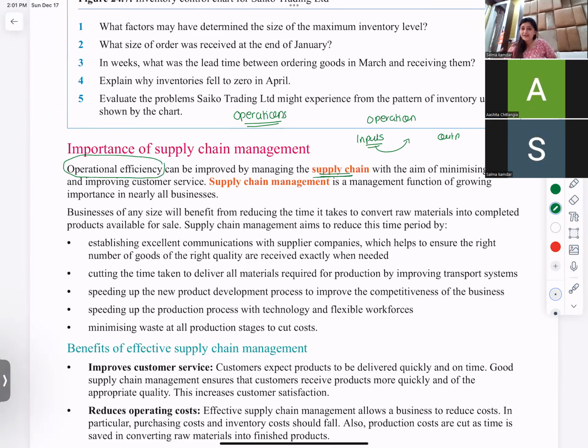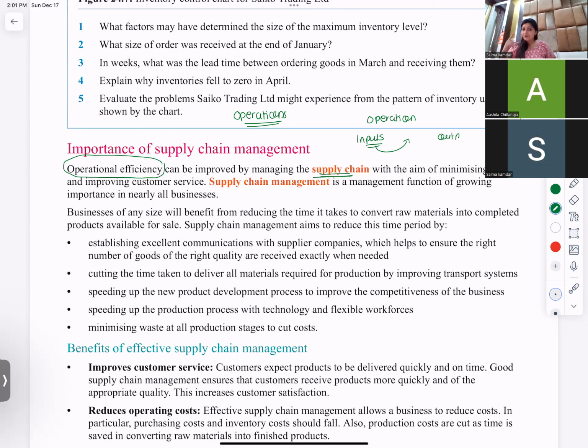And why do I want to manage my supply chain? What is my aim? The aim is to help the business grow. Basically, I want to reduce the costs and supply quality production: right quantity, right time, right place, right quality.